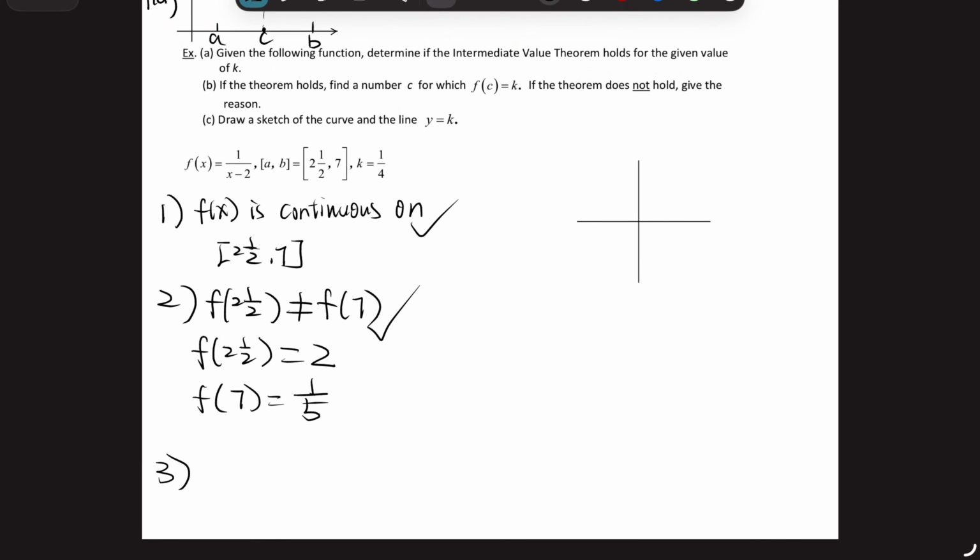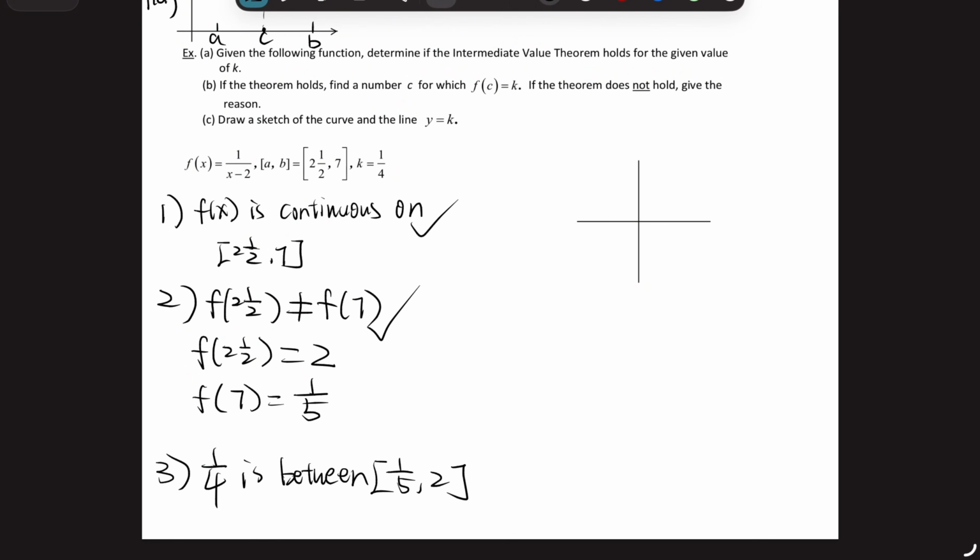Number 3, we have to see if k is between these two values. If it is, there must be a value of c that's between this interval. Since 1/4 is larger than 1 over 5, but smaller than 2, it is between 1 over 5 and 2.